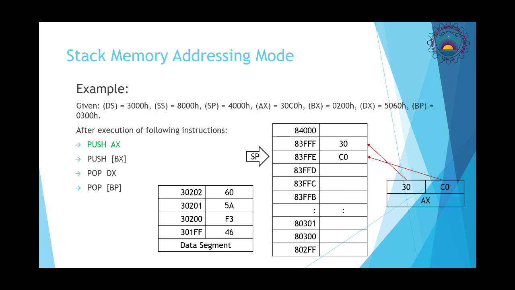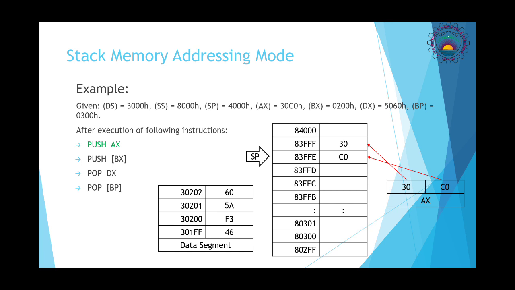So when push AX is executed, the lower byte of the AX register, that is C0, will be stored at the SP-2 location, and the higher byte of the AX register will be stored at the SP-1 location. As we have calculated earlier, the top of the stack is at 84000 hex.